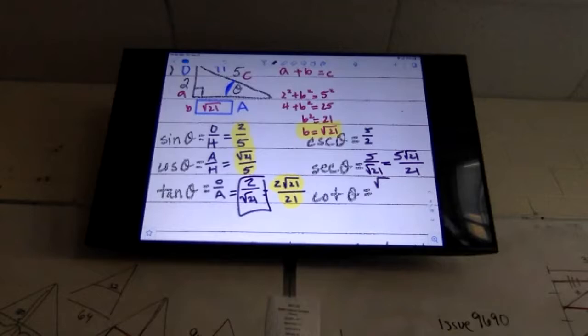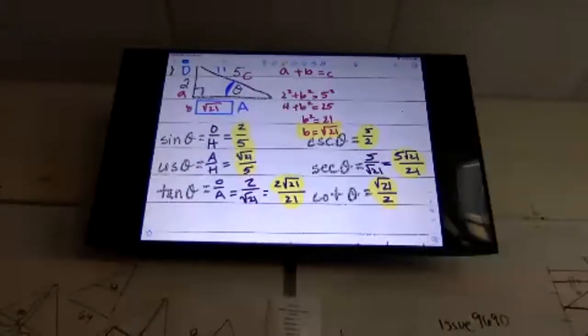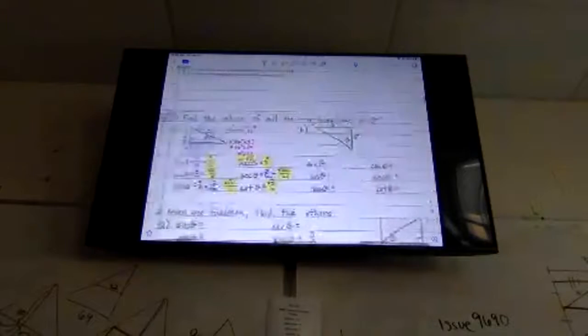That just becomes root 21 over 2. All right. Those are my answers here. Anybody, any questions yet? All right, let's do another one.